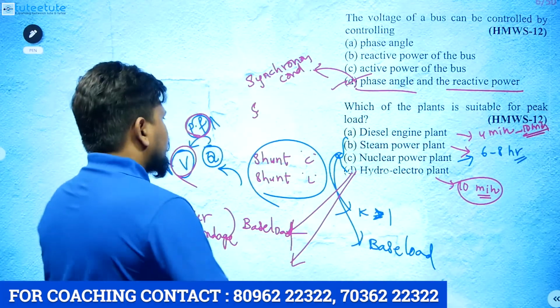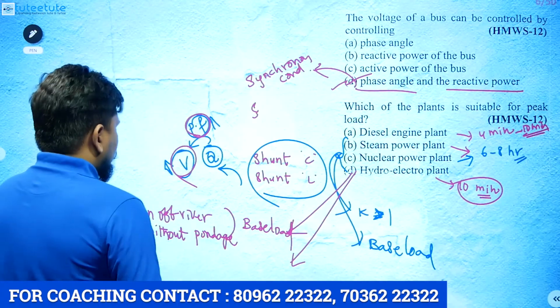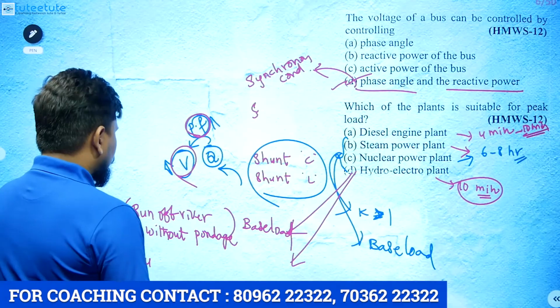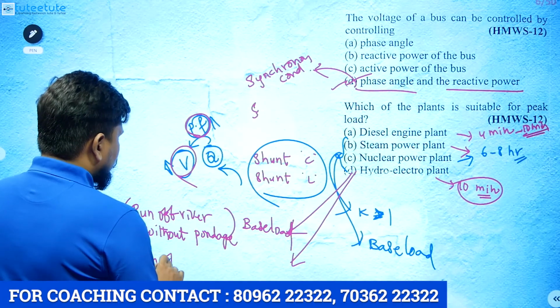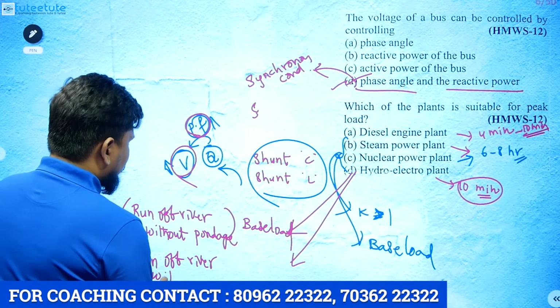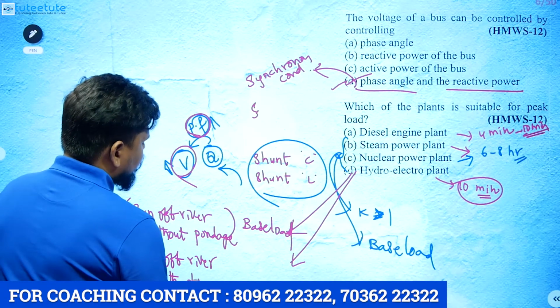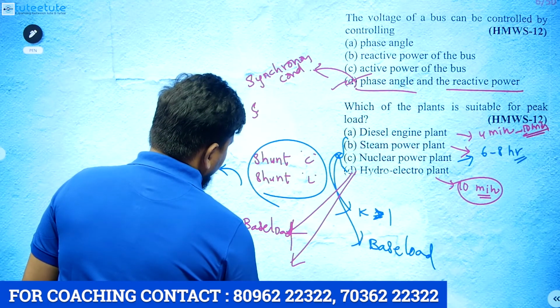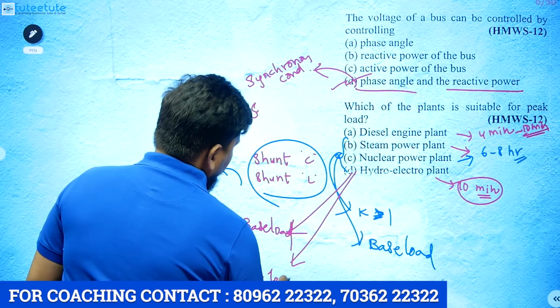Understanding, right? That's why this hydroelectric power plant, where the river is not running continuously, we call run-of-river with pondage, that means with dam. With dam, we can use it as a peak load plant.